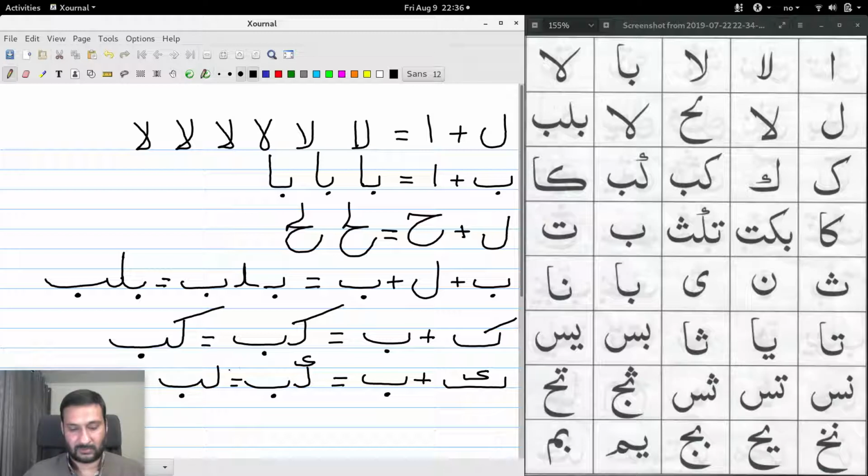So you don't need to pick up your pen or pencil when you're writing until the word is complete, and then you so-called dot the i's and cross the t's. So here I write this kaf ba, right? So this was kaf ba. Let's move forward.